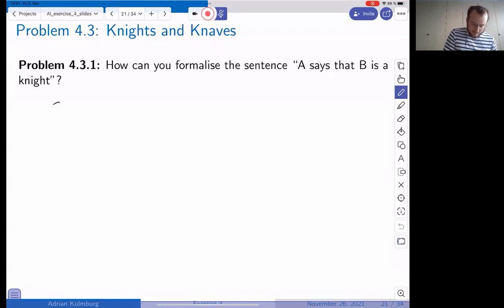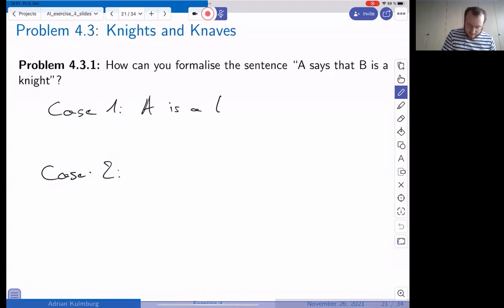So for example, if we just focus on the variable A for the moment, there are basically two cases. Either A is a knight or A is a knave.